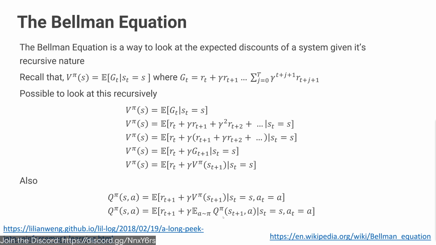But you can see that it's a recursive definition, meaning that the Q function is equivalent to the immediate reward of being in that new state plus all the possible state action values of being in the next states that are possible from that point on. I think it's a little easier to see the dynamic nature here in the Q function than in the value function.